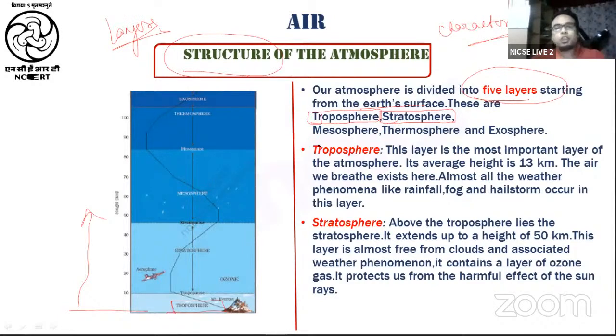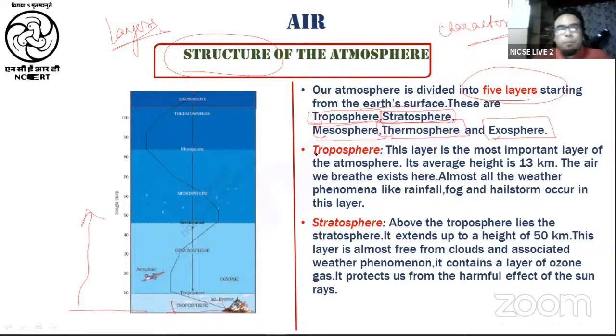Above the stratosphere, we have the mesosphere, above the mesosphere we have the thermosphere, and lastly, the outermost layer is the exosphere, right? So we have troposphere, stratosphere, mesosphere, thermosphere, and finally the exosphere. Each of these layers has its distinct characteristics, so let us talk about these layers one by one.